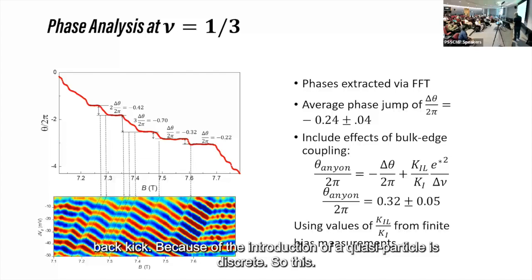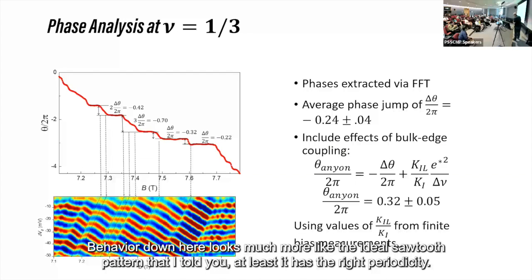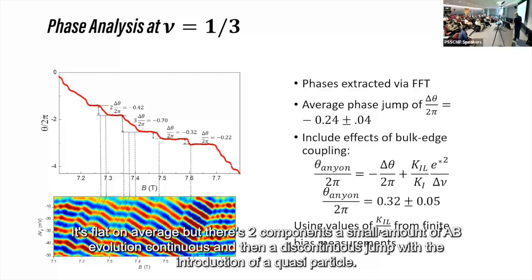So this behavior down here looks much more like the ideal sawtooth pattern that I told you. At least it has the right periodicity. It's flat on average, but there are 2 components: a small amount of continuous AB evolution, and then a discontinuous jump with the introduction of a quasi-particle.